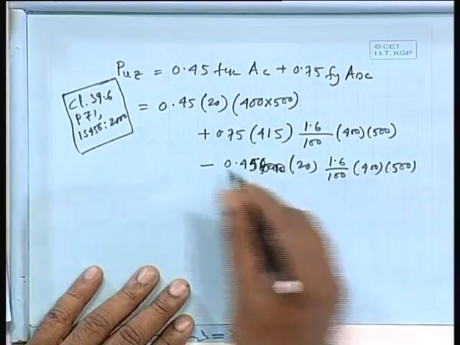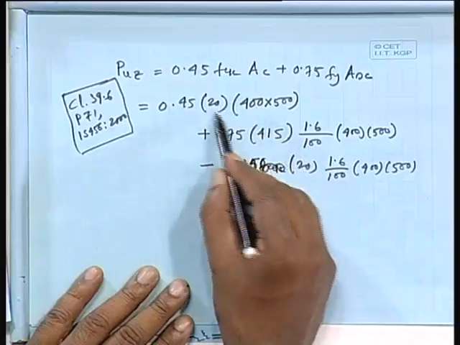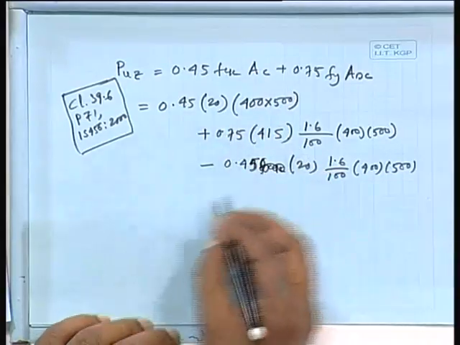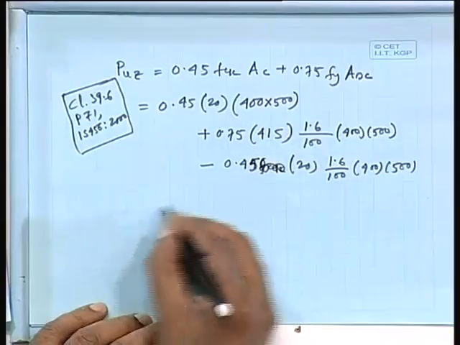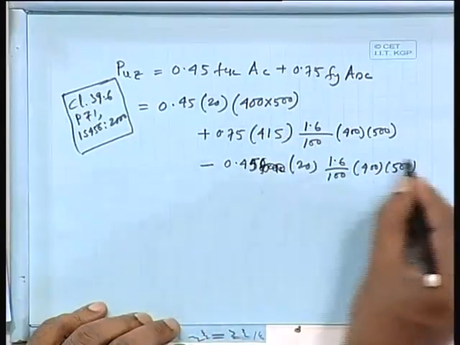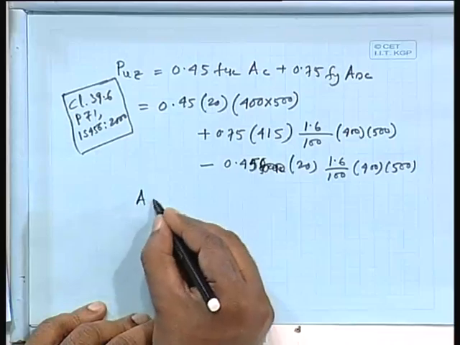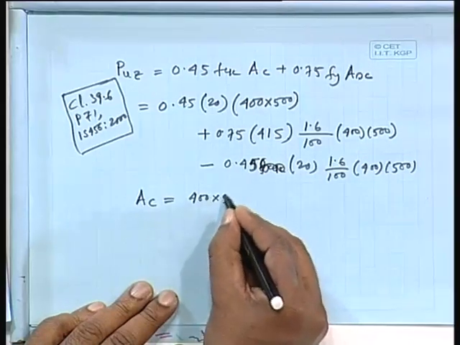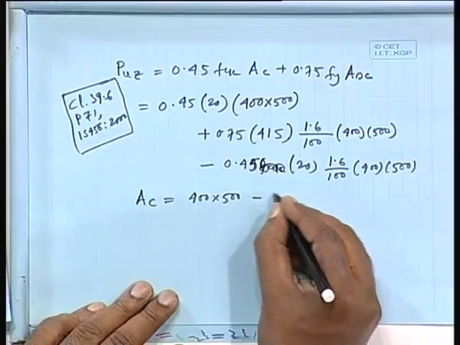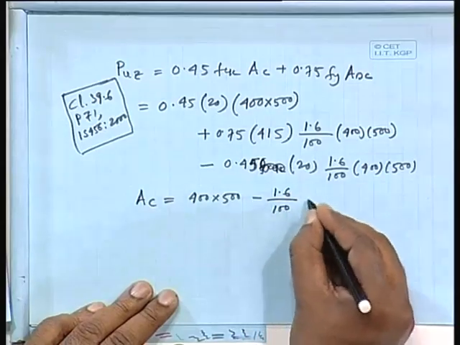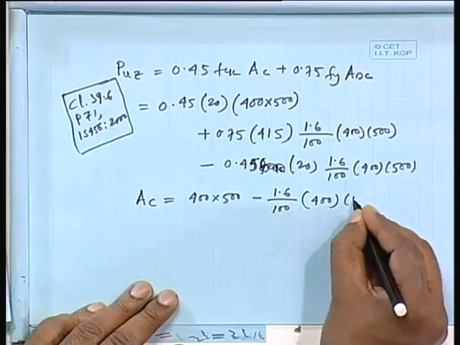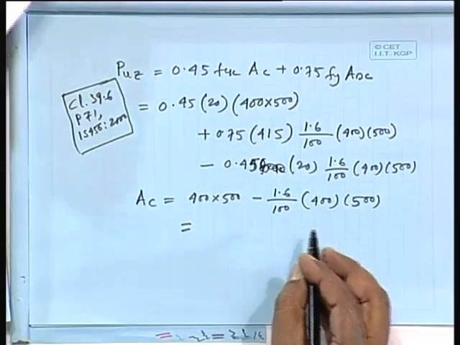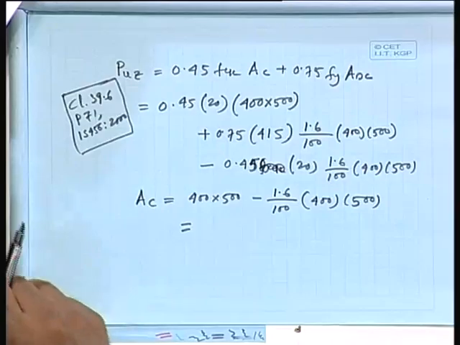I am just subtracting the portion because already I have taken the full one. Either, if you would like to make it very clear, you can make it the other way also, this portion you can omit. So, let us find out AC. AC will be equal to 400 times 500 minus 1.6 by 100 times 400 times 500. This I can do, because this is exactly the area of concrete.